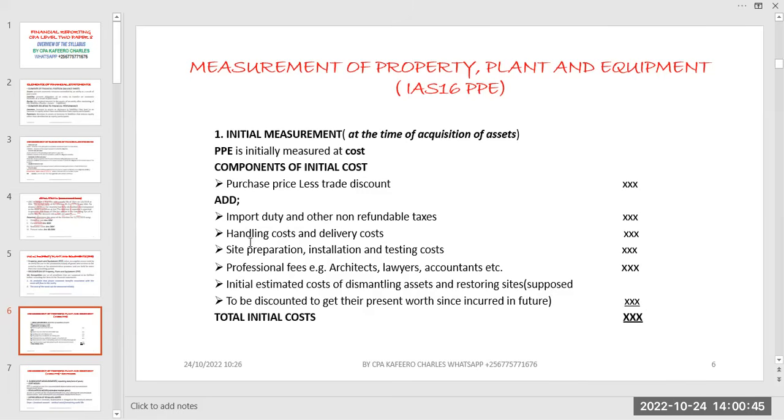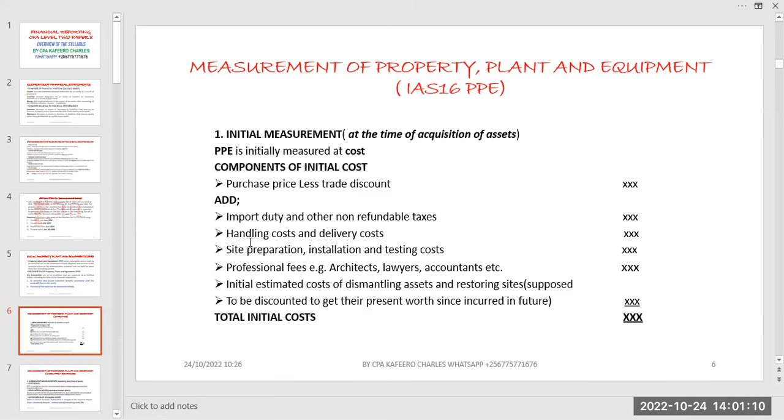So these other costs that are directly attributable to the operation of the asset, they are very many, and they are going to be very tricky, but I've highlighted some of them. We have the site preparation, installation, testing.